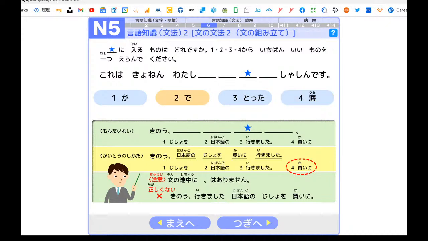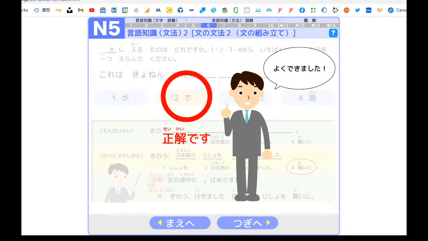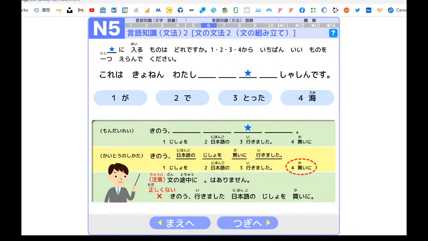And then we can just fill it there. 私が海で撮った写真です。So, which is the third one? 私が海で, 海 is second. So it's kind of like a puzzle more than a grammar test. So please place from the word which is easy to place, and then select the one which is actually left there. Next.